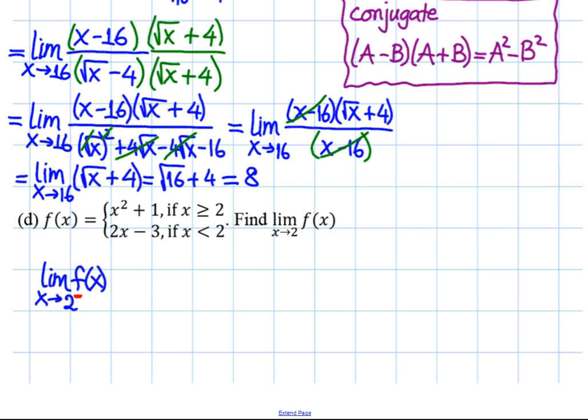Alright, so if we go to 2 from the left side, it has to be less than 2. If it's less than 2, we're going to use this function.